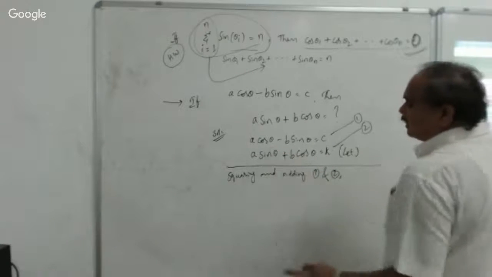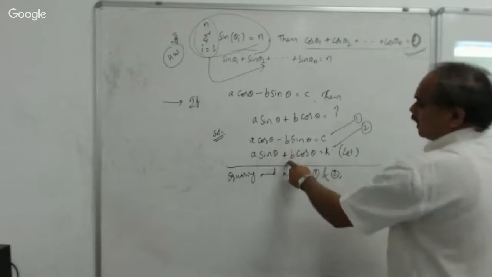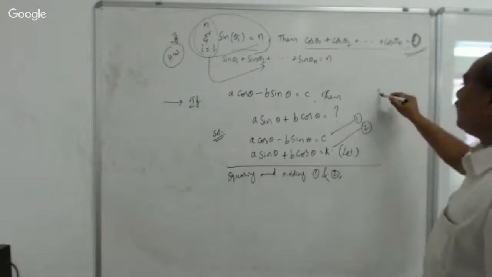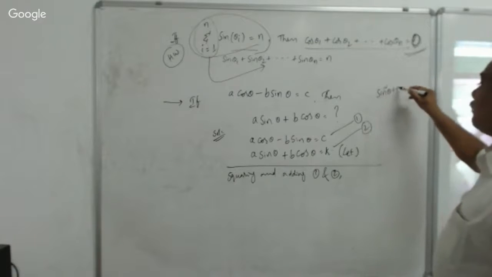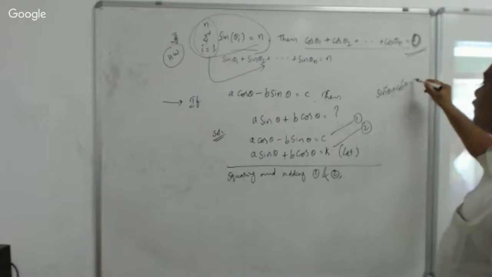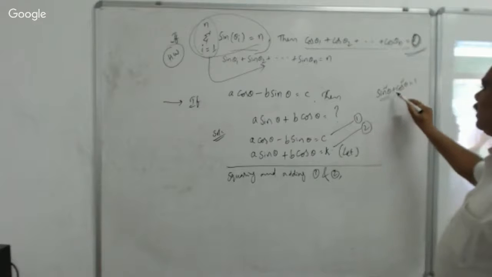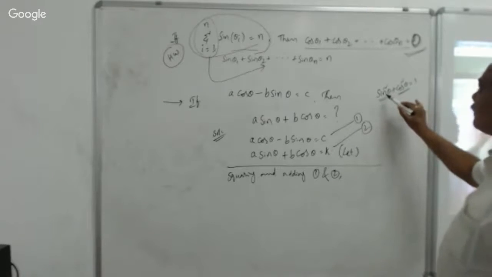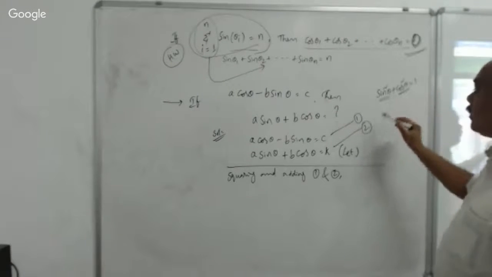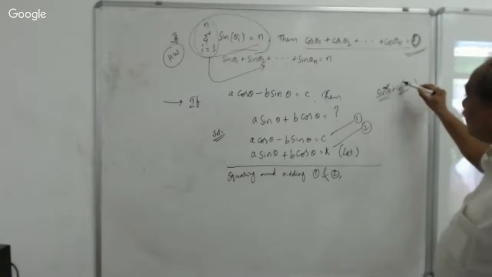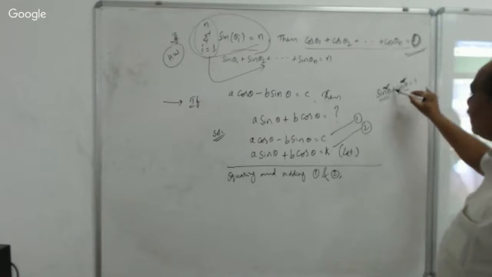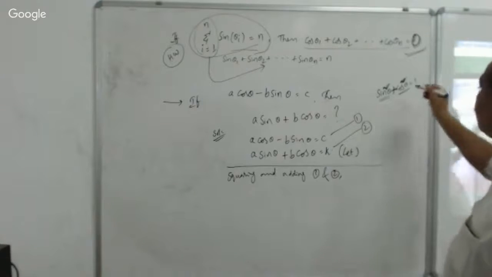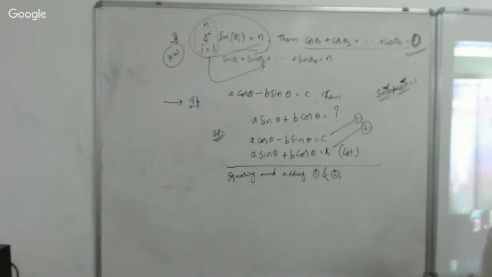Because the hint is these two are in terms of sine and cos. We know that sin square theta plus cos square theta equal to 1. That's why, as the given two equations are in terms of sine and cos, you have to square on both sides and add both the results. Then only we get the result.